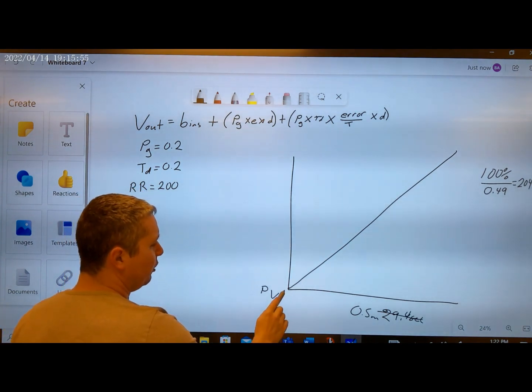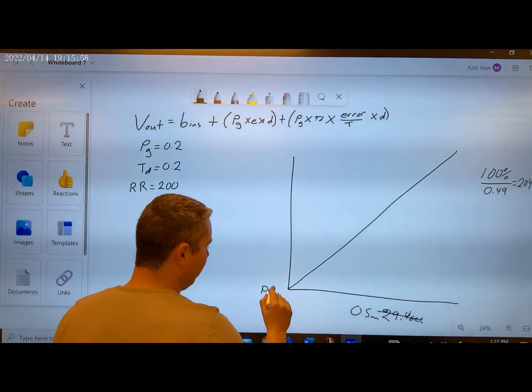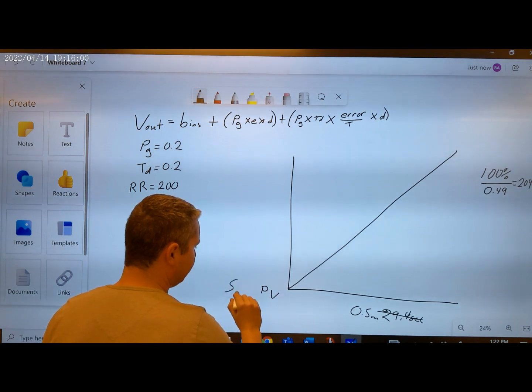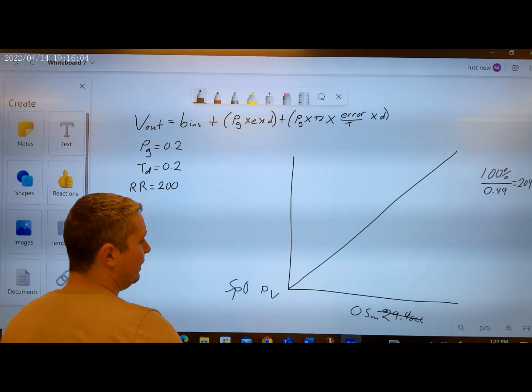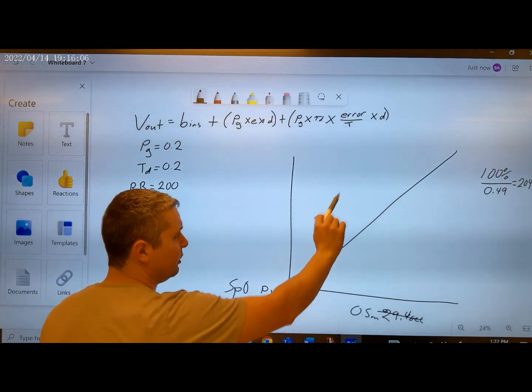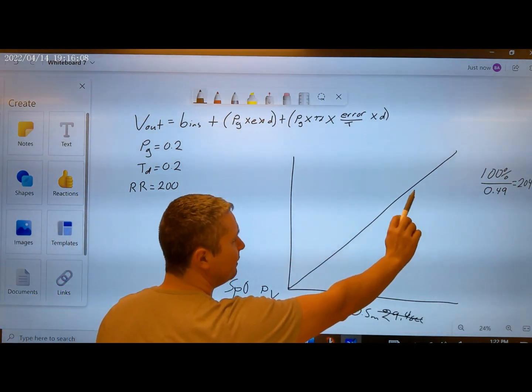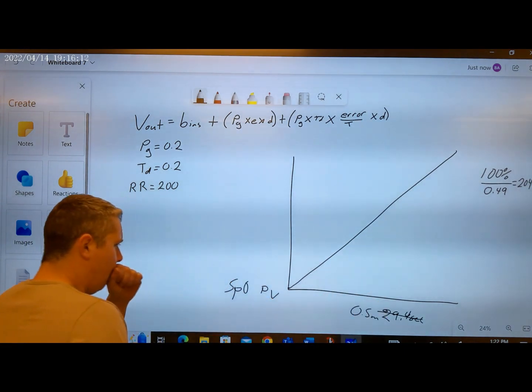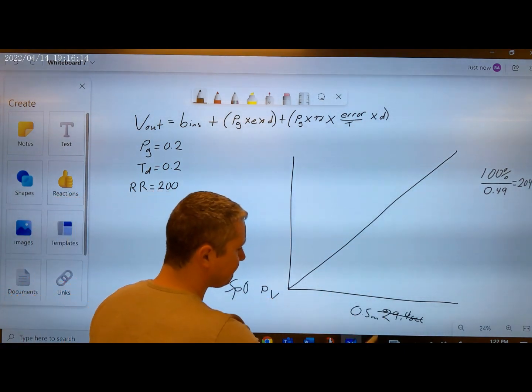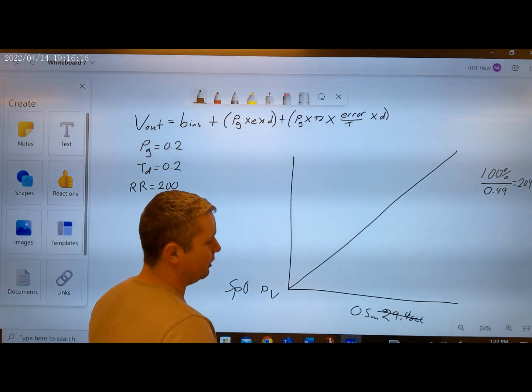So, if we go from a process variable and we have a set point of 0, okay, so our set point is 0. Our process variable goes from 0 to 100% in 0.49 minutes, excuse me, or 29.4 seconds.